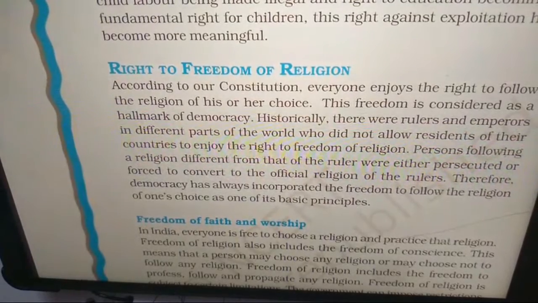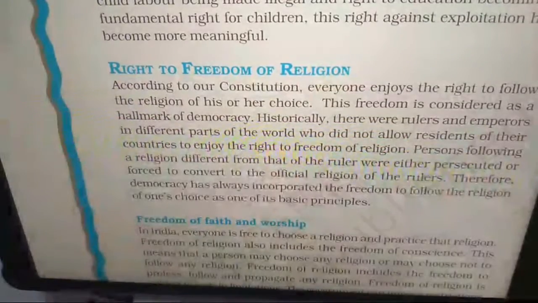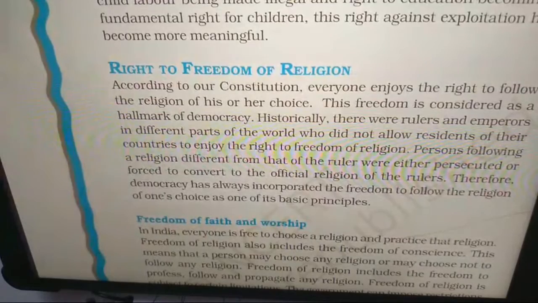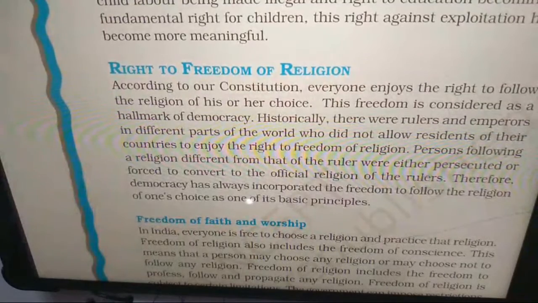Persons following a religion different from that of the ruler were either persecuted or forced to convert to the official religion of the rulers. Therefore, democracy has always incorporated the freedom to follow the religion of one's choice as one of its basic principles.